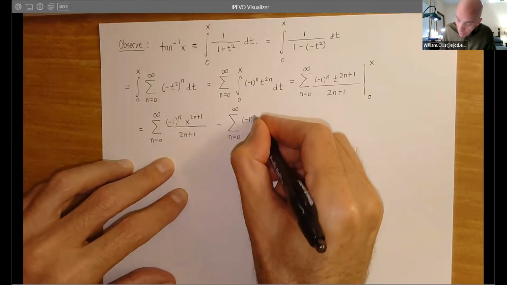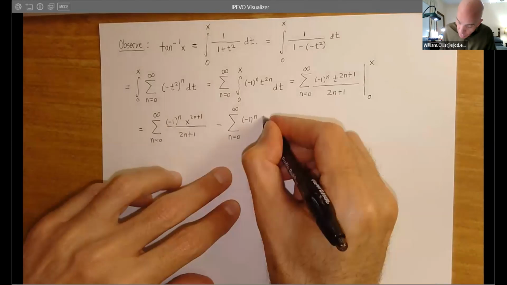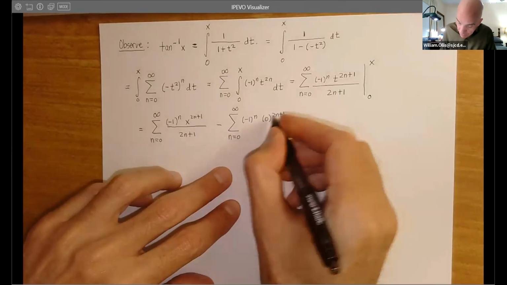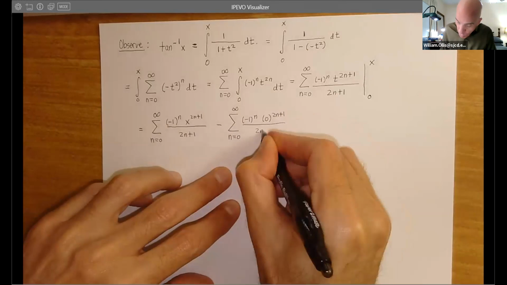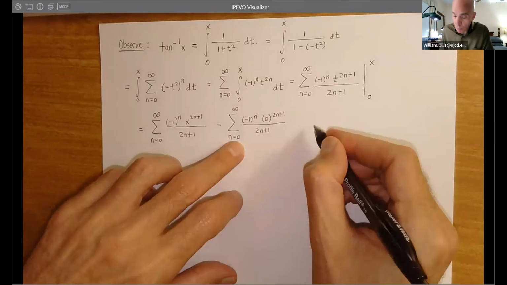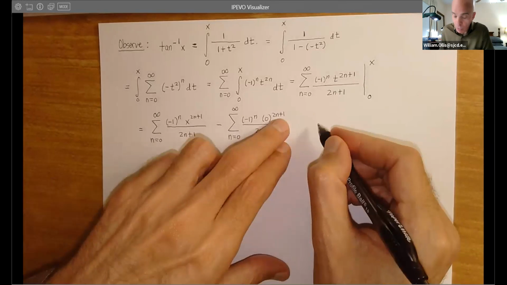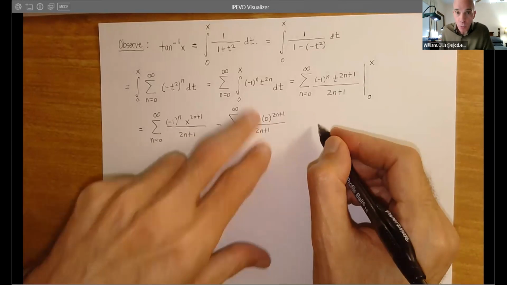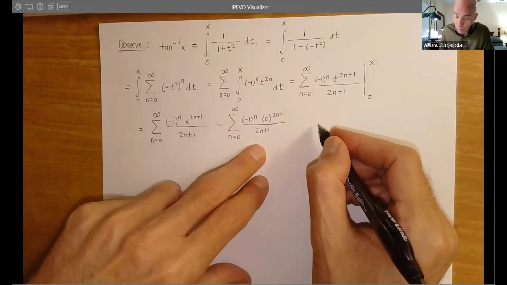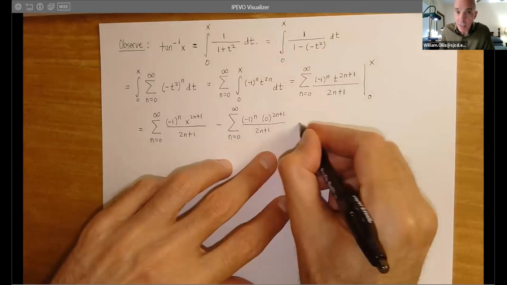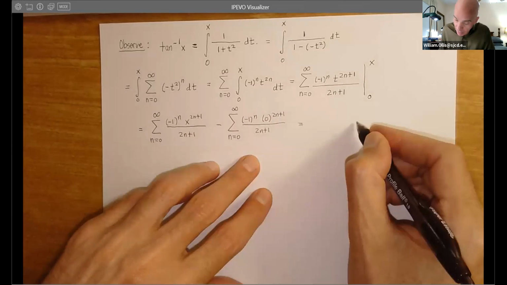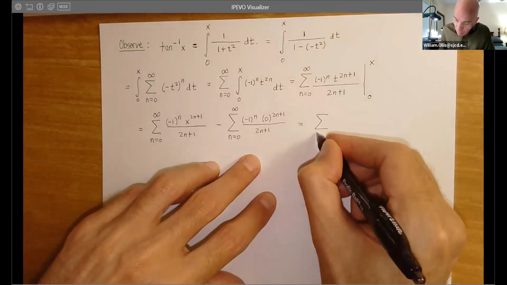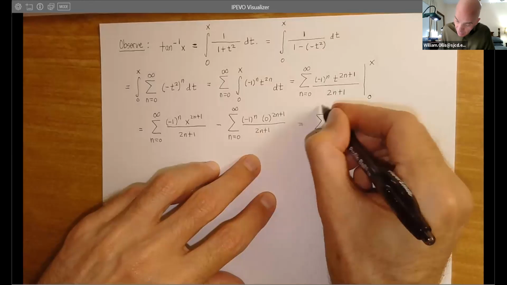So here we have 0 to the 2n plus 1. Of course, when n is equal to 0, we just get 0 to the first power. So for all indices here, this is just always a zero term. So this contributes nothing. So we get a zero constant. So we get a nice Maclaurin series.